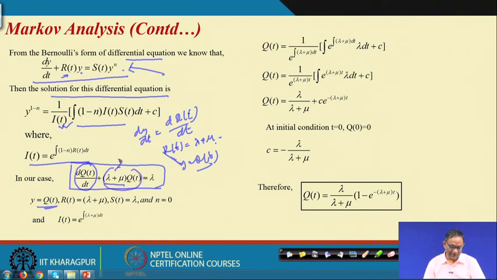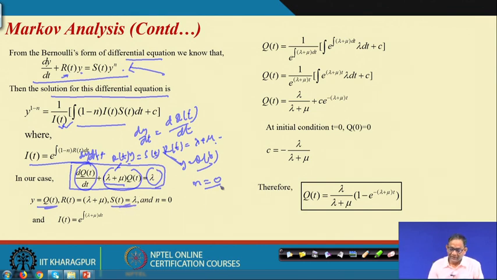So, this quantity is r(t) into y, and this quantity is dy by dt, plus equal to lambda. What are we getting here? s(t) y(t) to the power n. Now, if we put n equal to 0, then what will be this side? s(t). So, s(t) equal to lambda.